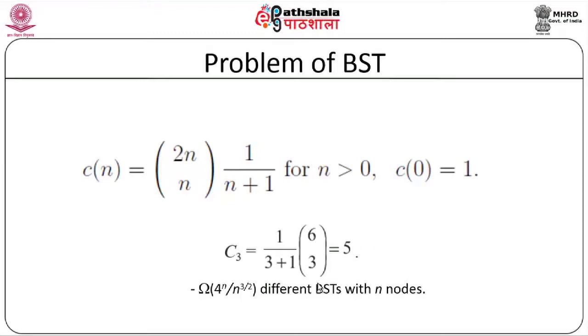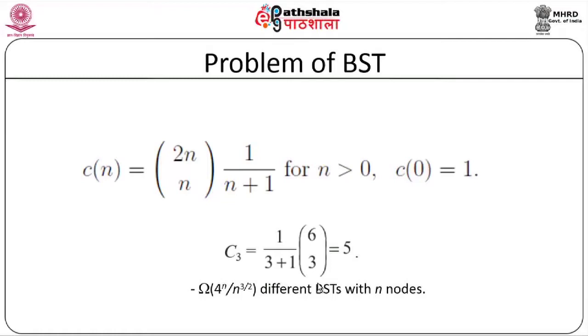In other words, if we take nodes 1, 2, 3, 4, 5 and so on, you can see that the count follows a sequence called the Catalan sequence, which is shown in this slide. C of n is 2n C n multiplied by 1 by n plus 1, for n greater than 0, and C of 0 is 1.